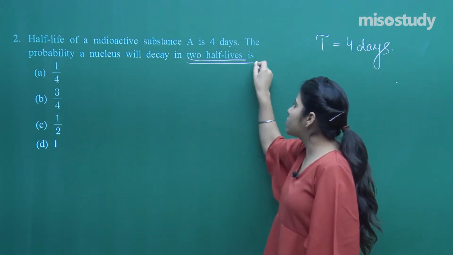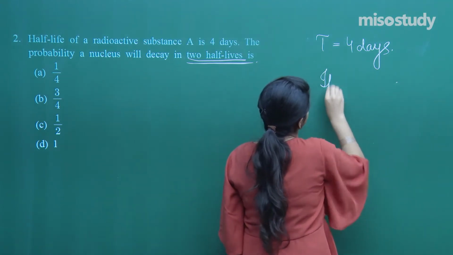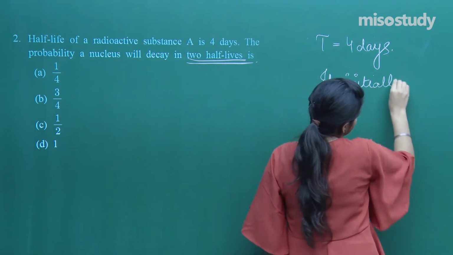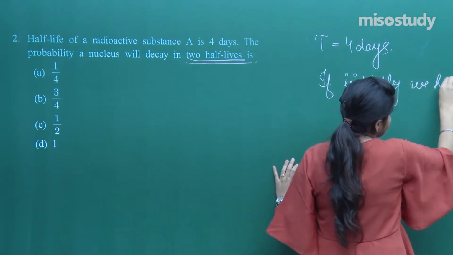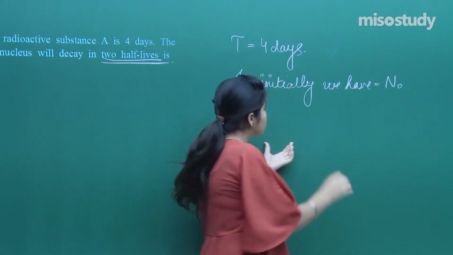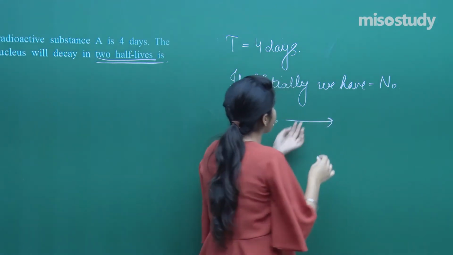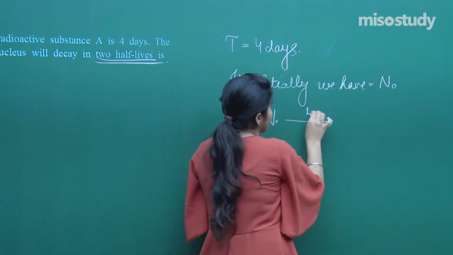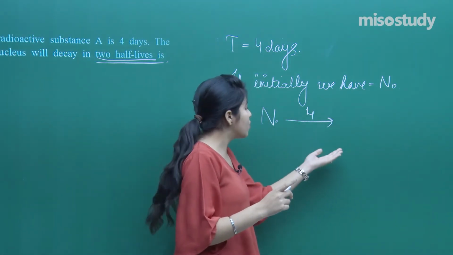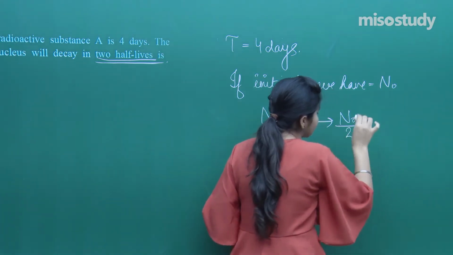We know that suppose initially we were having n naught number of atoms. So if we are having n naught number of atoms, after 1 half-life, that means after 4 days, it will become half, because I told you that after 1 half-life, they are going to just become half. So it will become n naught by 2.